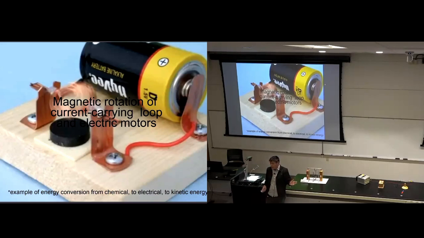And without the ability to do this, we're basically in the Stone Age, right? In the Stone Age, the only conversion of energy that we ever did was to burn something, which is chemical energy to heat energy, which keeps us warm and maybe cooks our food.